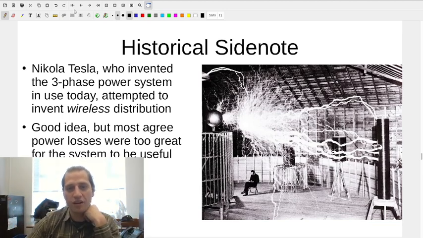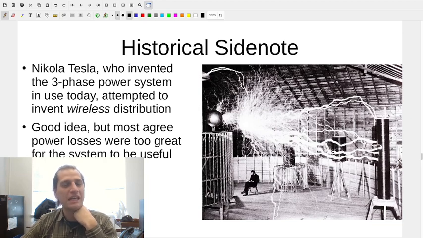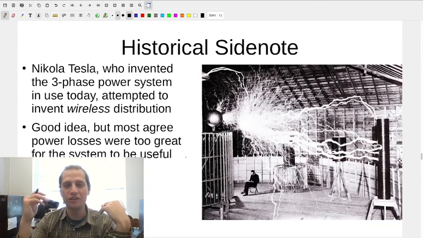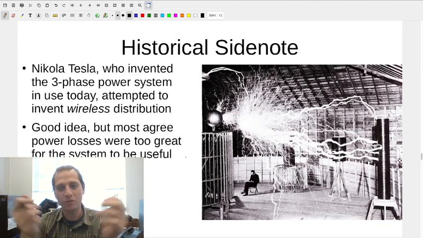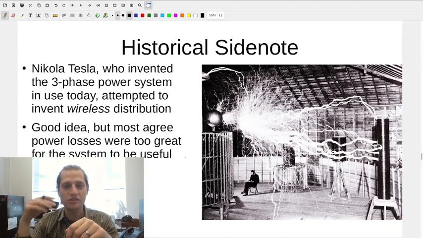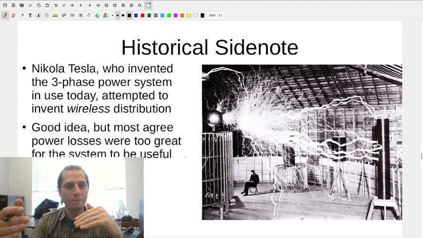This is a publicity photo that Tesla took in Colorado. He did not sit in the room while they were sparking this. They did essentially a double exposure. But his big idea was that you were going to essentially be able to go beyond the system that he'd already helped Westinghouse develop and just send the electrical signals through the atmosphere.